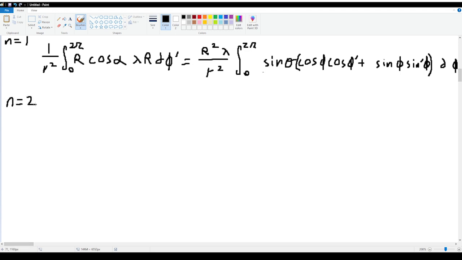Now, the final term, the third term, we're going to plug in 2. So we'll get 1 over r to the third, 0 to 2 pi. And now r prime is squared, so we'll have a big R squared.